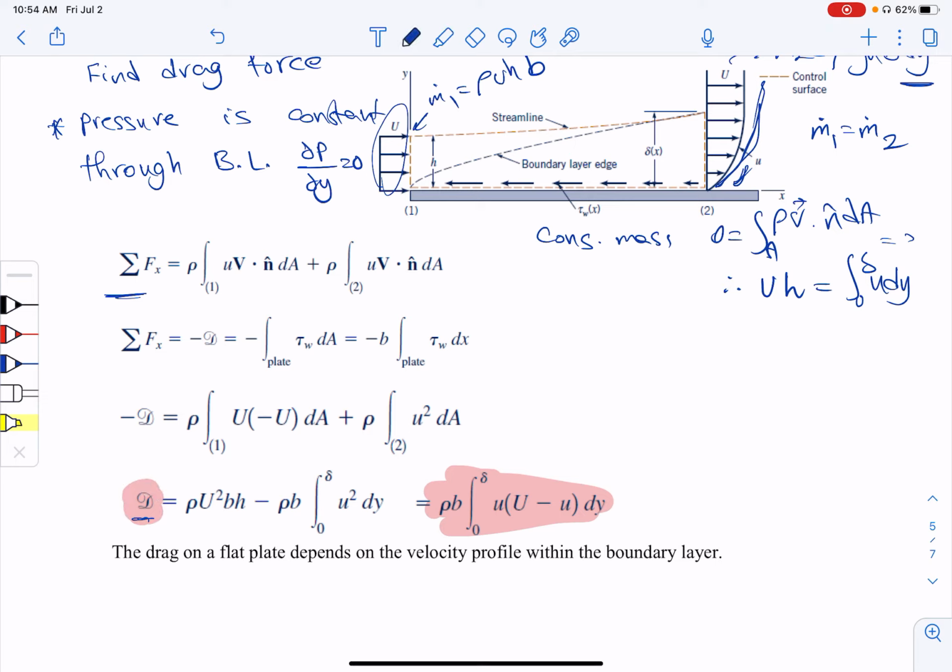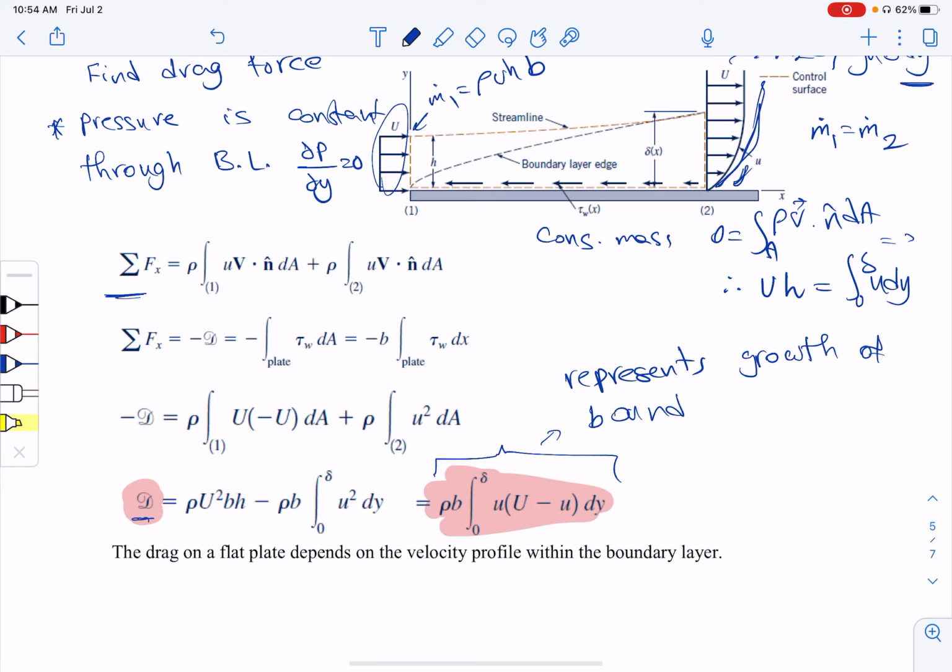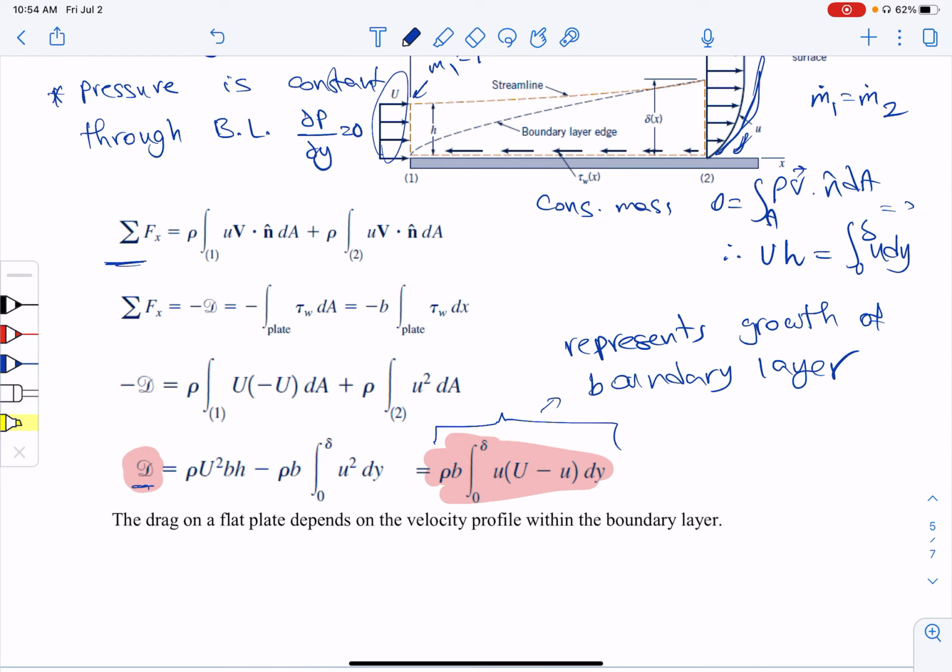And this formula represents the growth of the boundary layer, right? And so this boundary layer is increased along the plate, right?